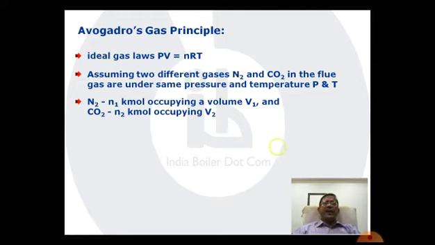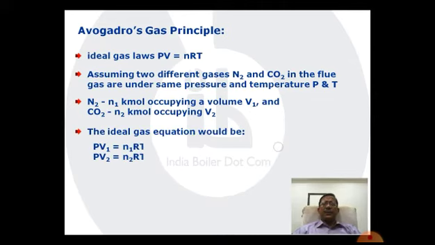Now if I apply PV is equal to nRT for both the gases, it will become PV1 is equal to N1RT and PV2 is equal to N2RT. P, R and T remain the same for both cases. Pressure and temperature are constant for both the gases. R is a universal gas constant, therefore definitely it is the same for both the gases.